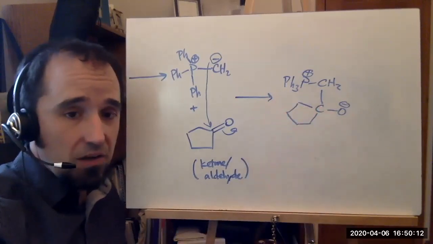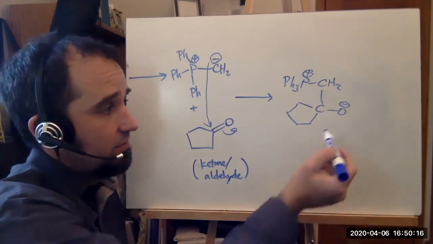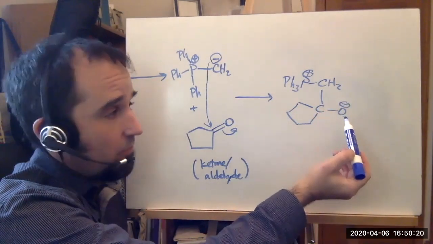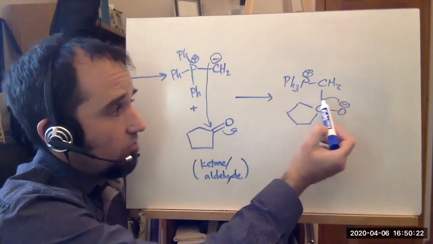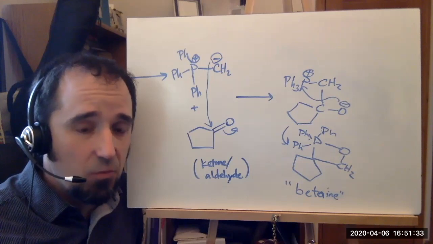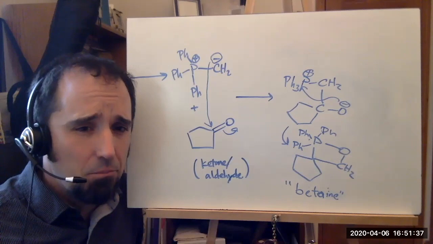But remember, phosphorus can have more than 4 bonds, and this oxygen minus is really attracted to that phosphorus. And so we're going to make another bond there, and we'll end up with this weird 4-membered ring that we call a betaine.